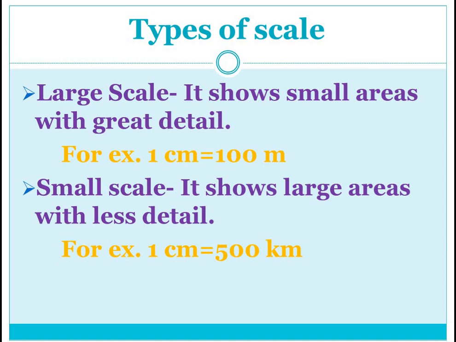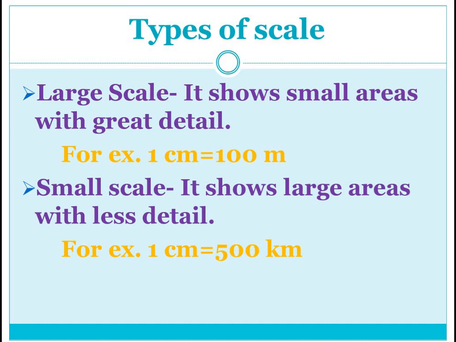If the same paper we are using for the large area to represent, definitely it will give the less information. So the small area with great detail means where we are taking small area to represent, so there we can get the more details of that area.